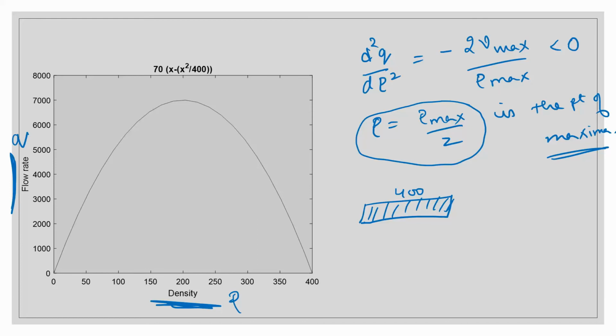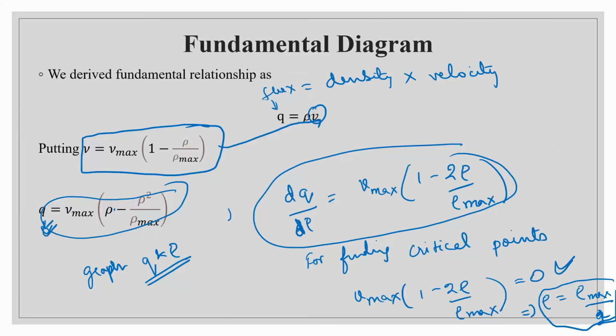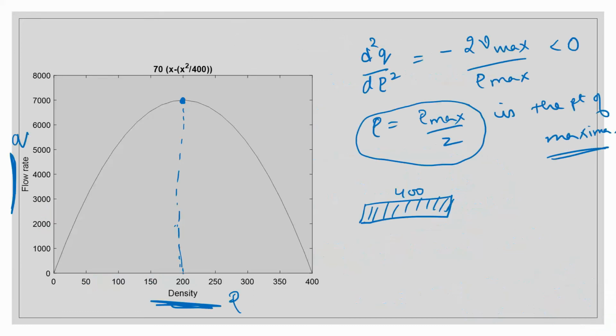So that is the maximum density a section of road can have. According to this figure, the maximum flow rate is at the point 200, meaning when the density is half of the maximum density, we have the maximum flow rate. And you can see this function represents a parabola. So combining all these, we have the fundamental diagram between the density and the flow rate.